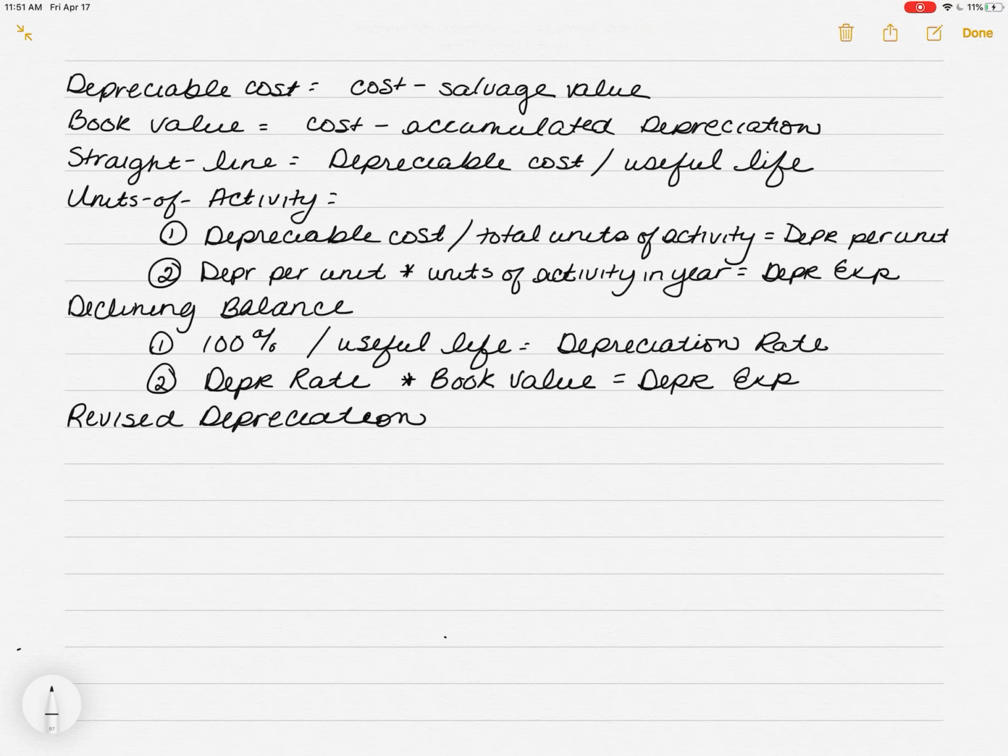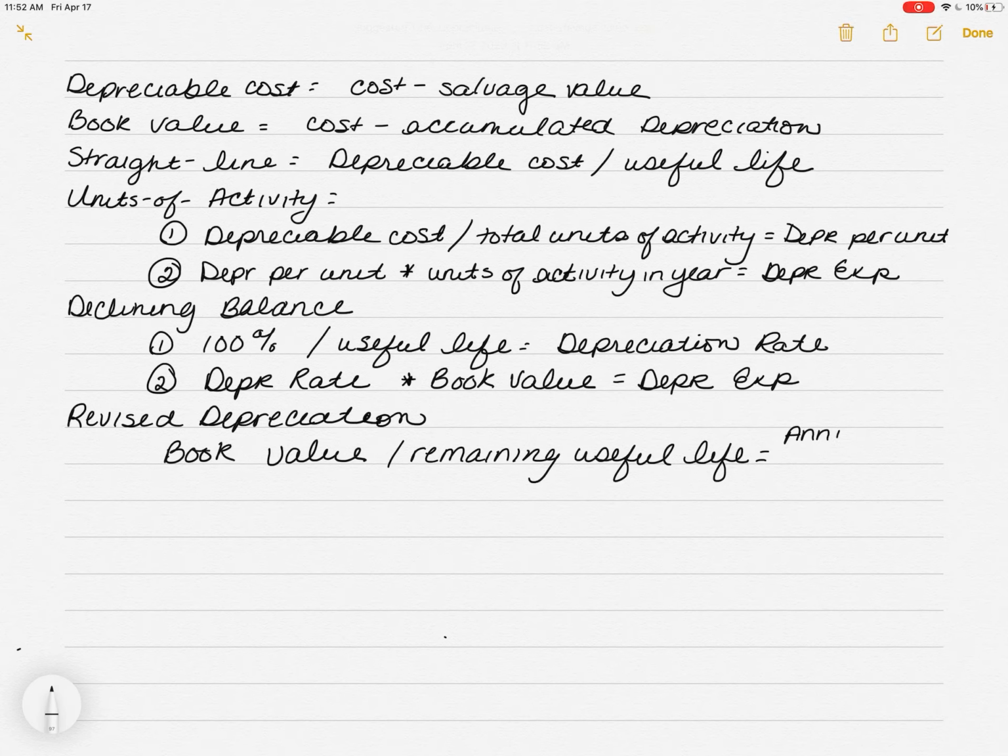To revise our depreciation, we're going to take our book value and divide that by our remaining useful life. And that's going to give us our new annual depreciation expense. Because remember, this is based off of your straight line method where we have the same amount every year.